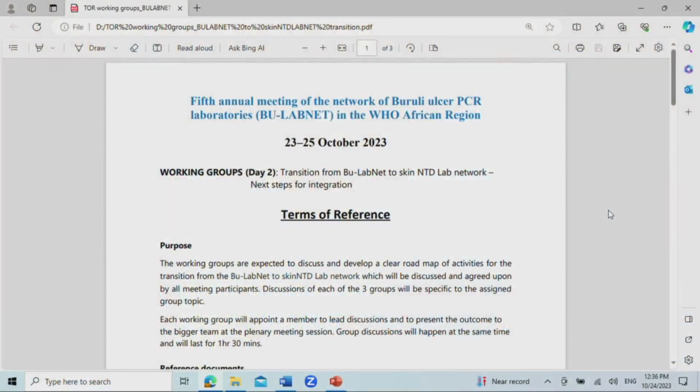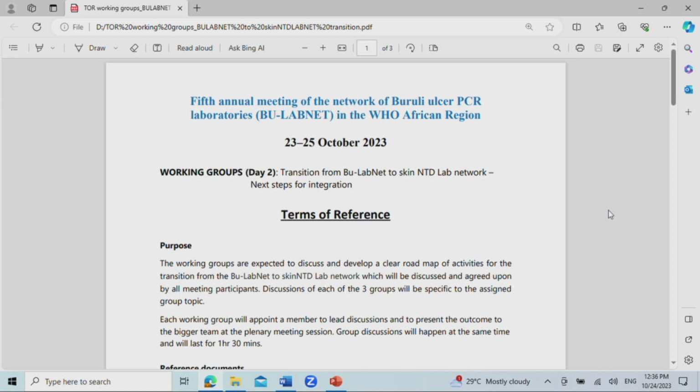Also talk about supervision, organization, data collection, the structure of the advisory board, and any other ideas not mentioned here are welcome. Group 1 will be here in this room.